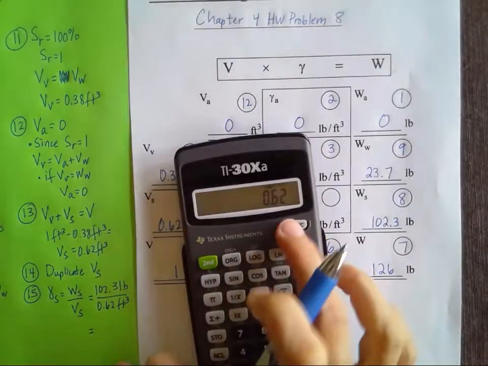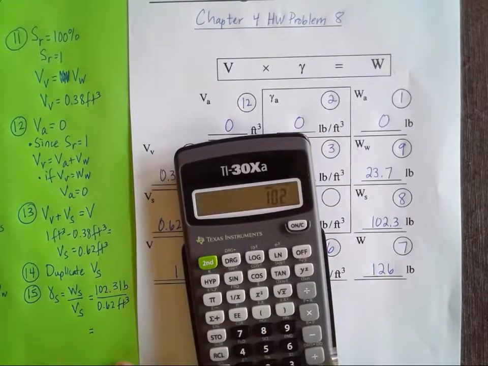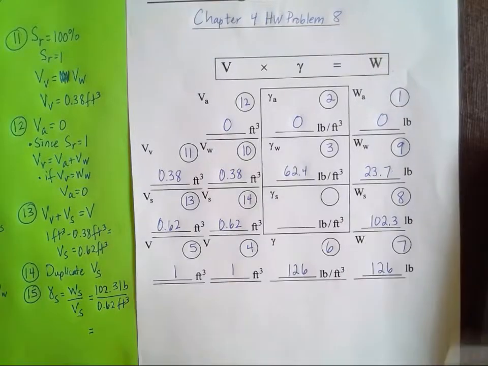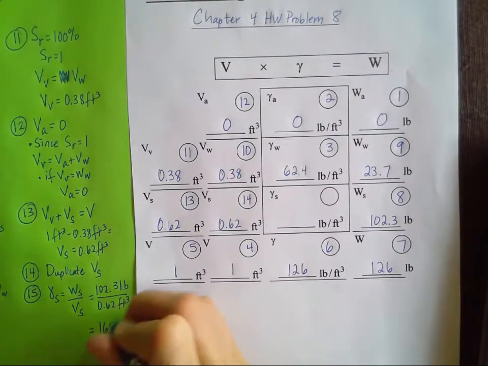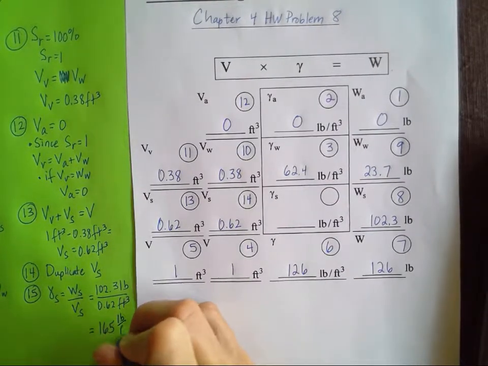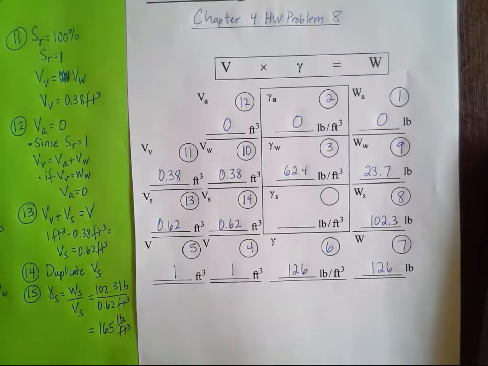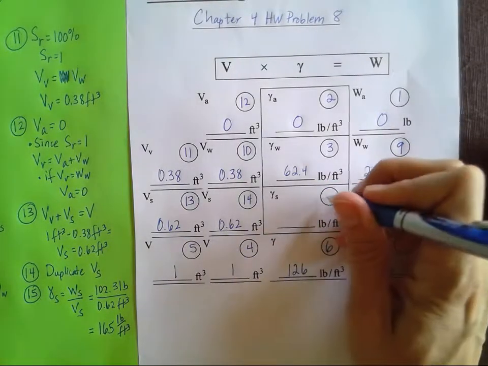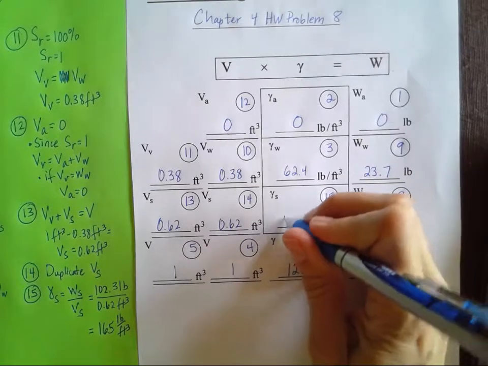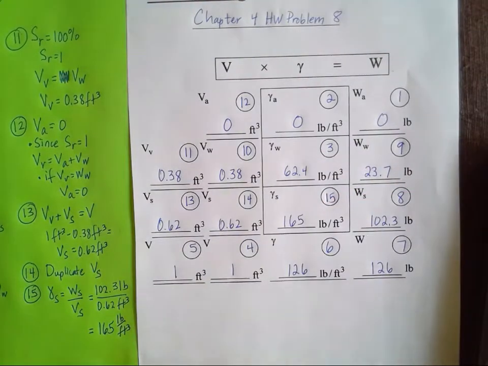And we'll go ahead and put those in here. 102.3 divided by 0.62, and I get 165. Nice round number, 165, and then my units just come right off of there, pounds per cubic foot. And that will be my number 15, 165.